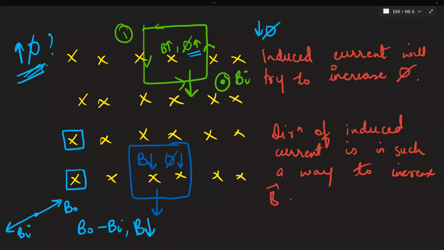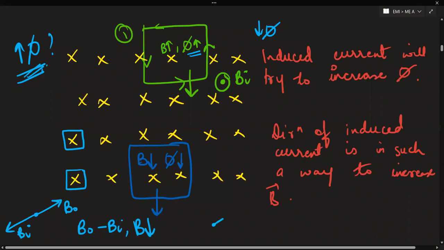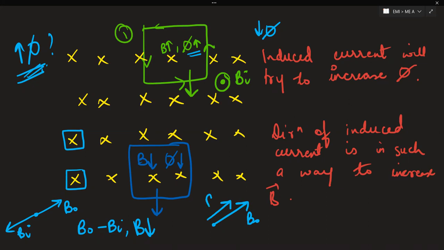Now here we do not want the magnetic field to decrease, because if magnetic field is decreased further, it will not oppose. Aim is to increase flux. Now, if original magnetic field is pointing inwards and the induced magnetic field also points inwards, what will happen to the net magnetic field?